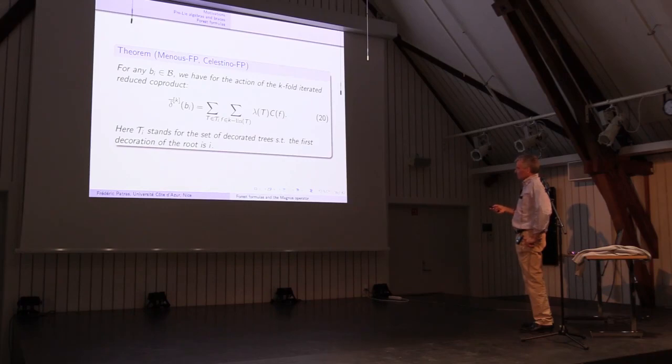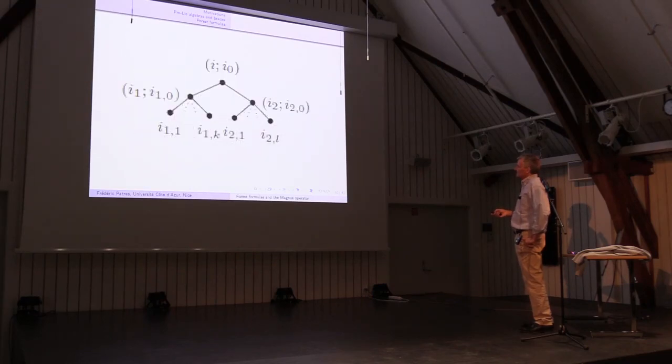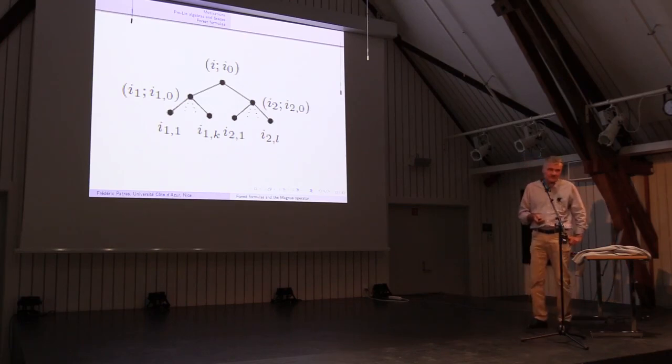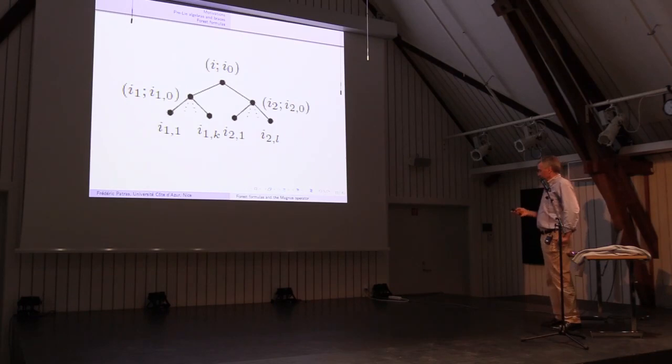So there's a closed formula in terms of trees describing the iteration of the reduced coproduct, and it comes from the fact that I can understand, in terms of the construction of trees, the application of the coproduct on the dual of the Pauli algebra.